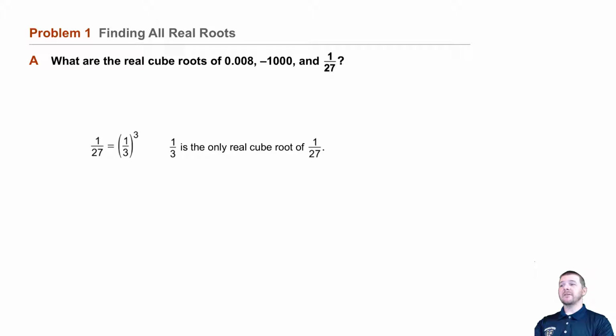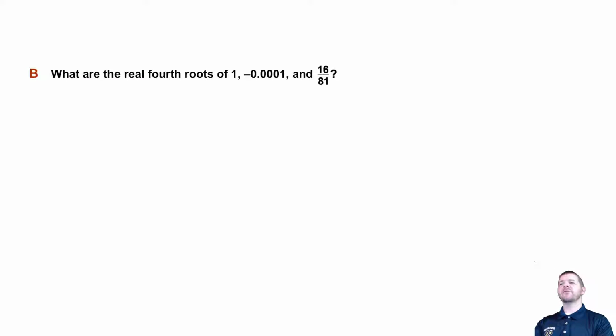1 over 27? Well, 1 over 27 can be rewritten as 1/3 cubed. 1 times 1 times 1 is 1, and 3 times 3 times 3 is 27. So we can state 1/3 is the only real cube root of 1/27. Part B. What are the real fourth roots of 1, negative 0.0001, and 16/81?